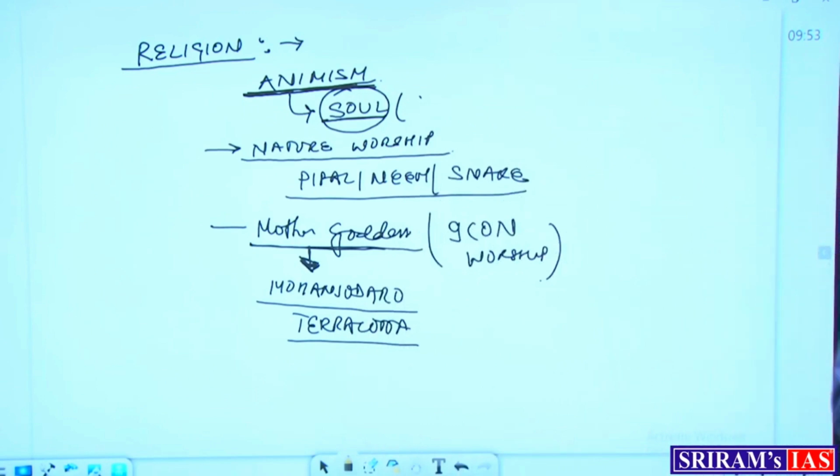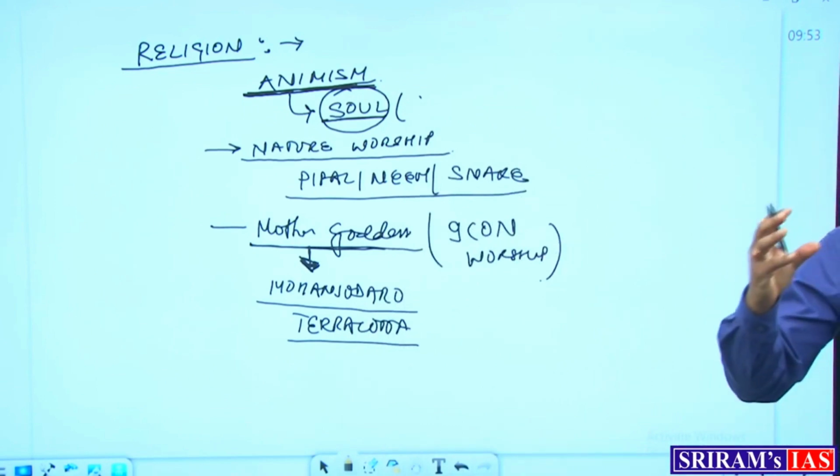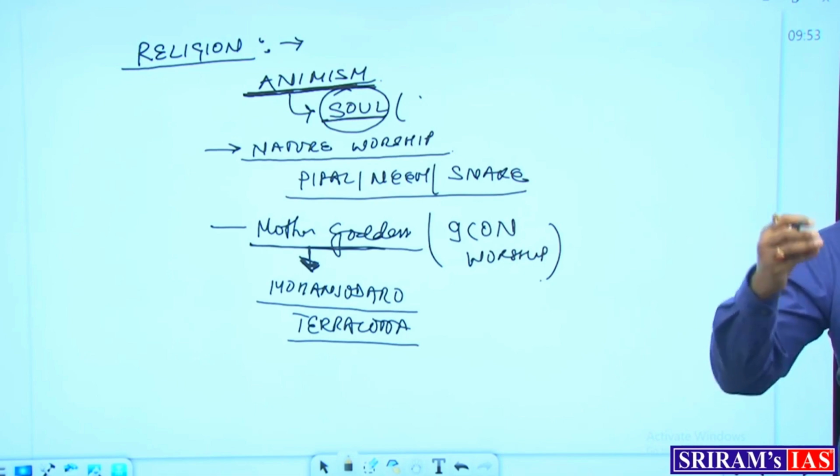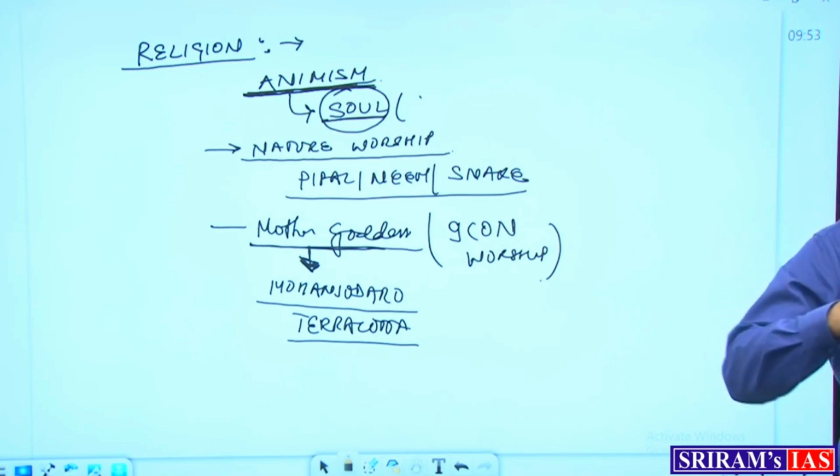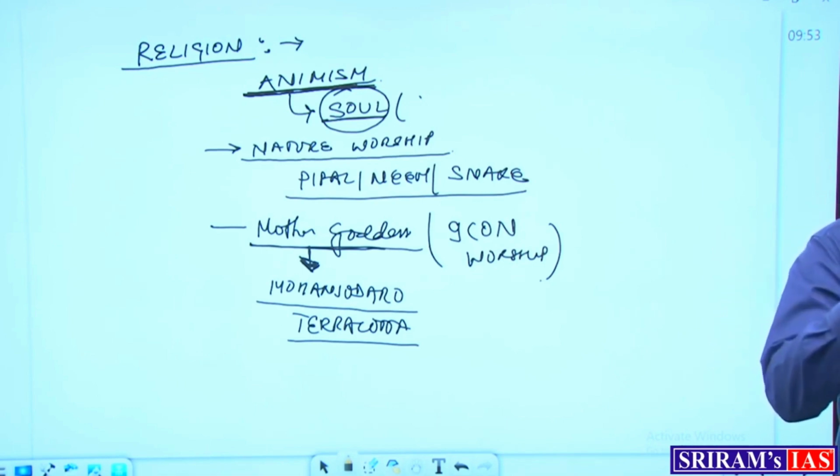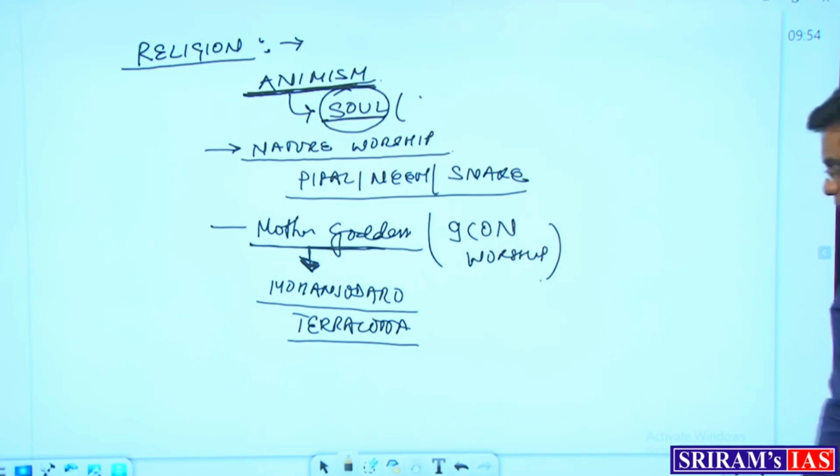Terracotta is a mixture of clay and lime which was baked. After mixing clay and lime, when you bake it, it comes out red in color. This is an example of icon worship.